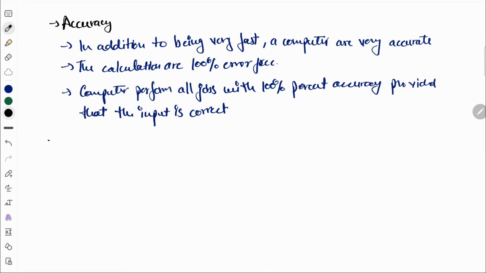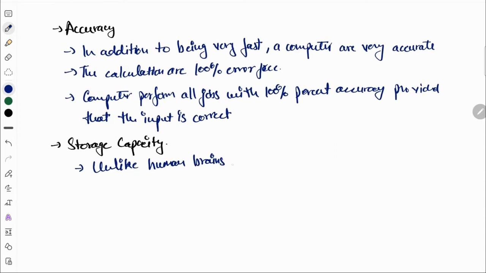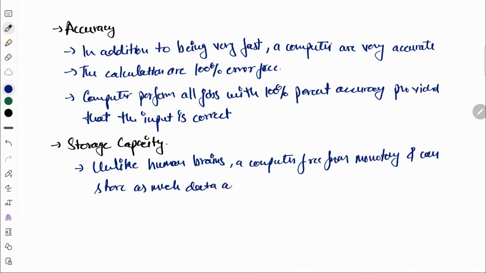Next advantage is storage capacity. Unlike human brains, a computer is free from monotony and can store as much data as possible in its storage capacity.